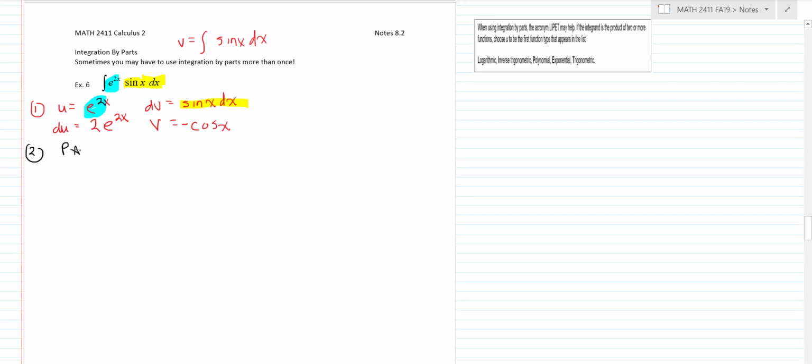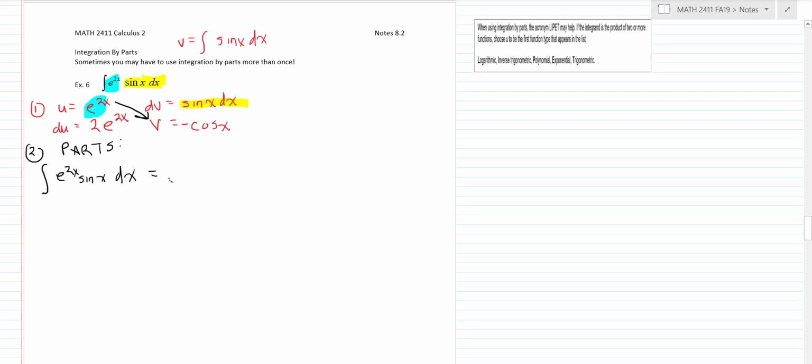So by integration by parts, the formula is going to go like this. We have the integral of e to the 2x sine of x dx. Remember, we do u times v.